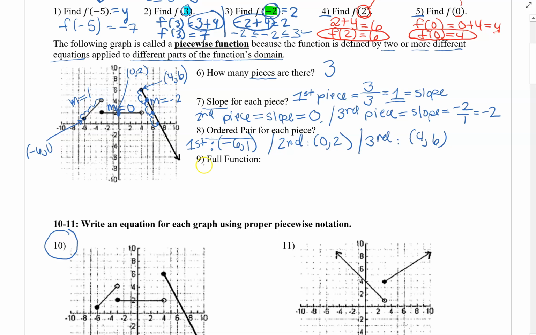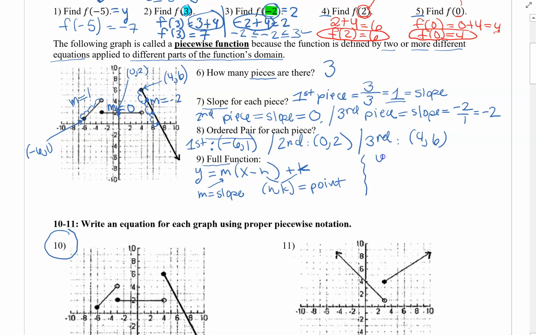Okay, so now we're going to try to write the full equation for each piece. And just a little review from the 2.3 video. It's going to be helpful for us to use this HK version of a line. It's basically a form of point-slope where m is your slope and h, k, when you put it together, is your ordered pair, your point.